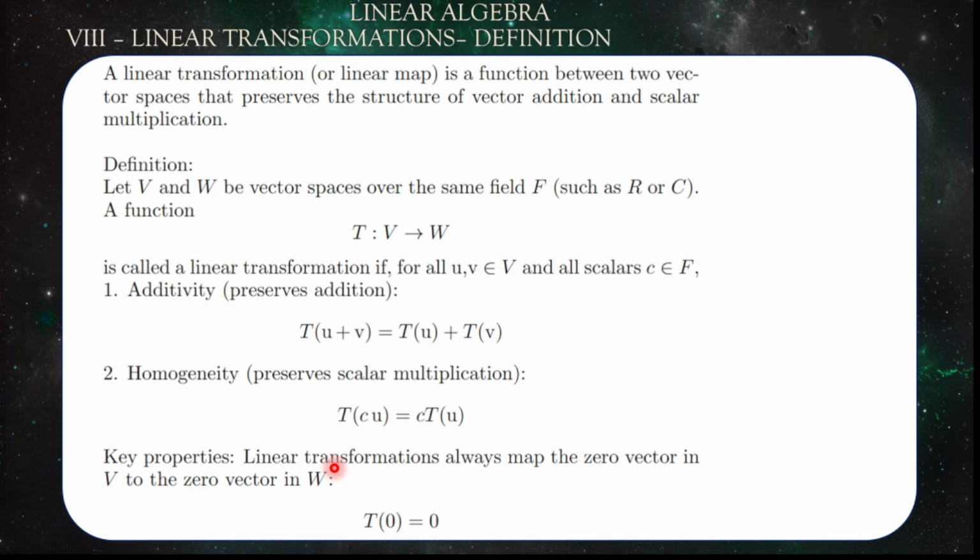Key properties: linear transformations always map the zero vector in V to the zero vector in W. This is one of the most important keys that we saw in the previous video at the end, because the zero vector in the first space always maps to the zero vector in the second.